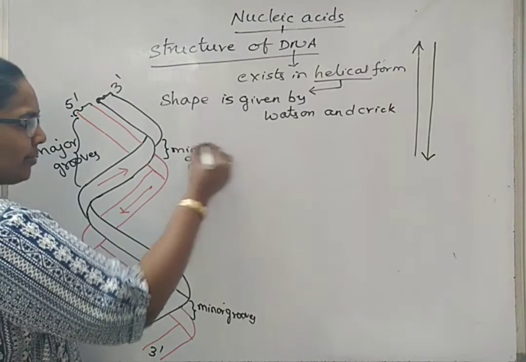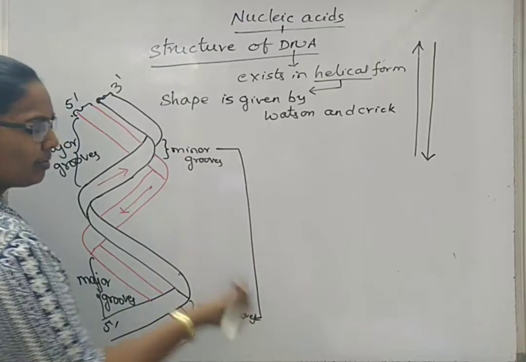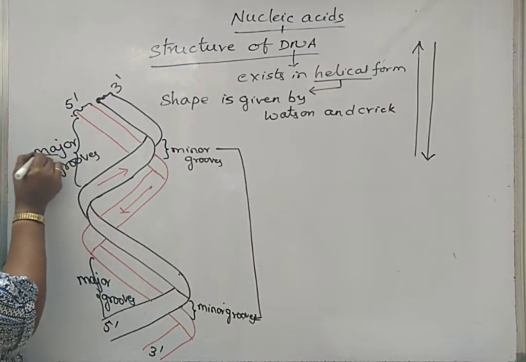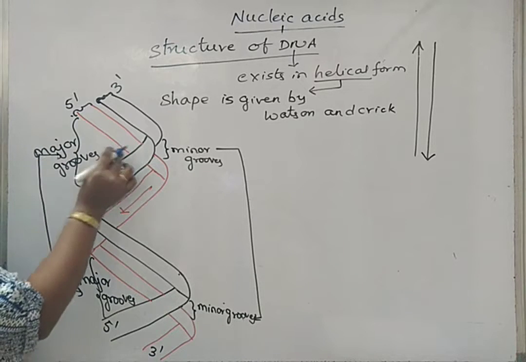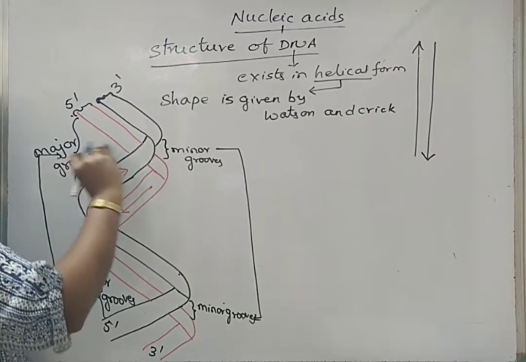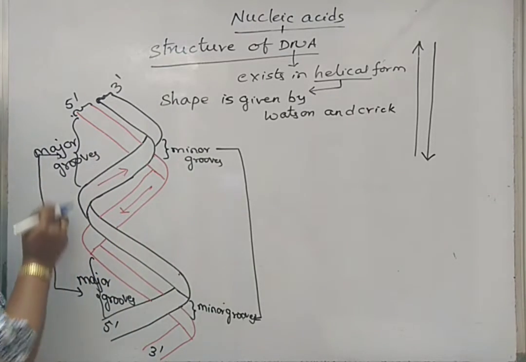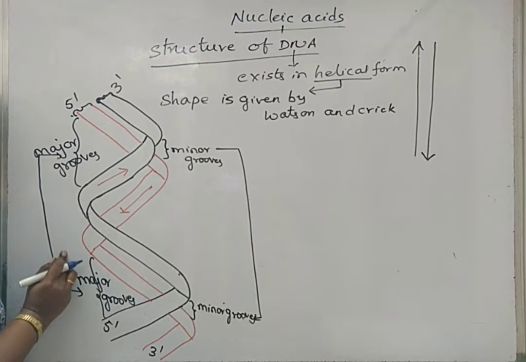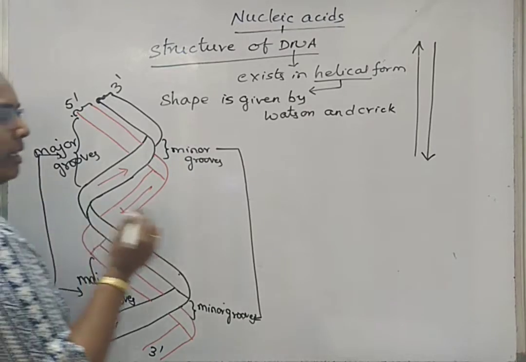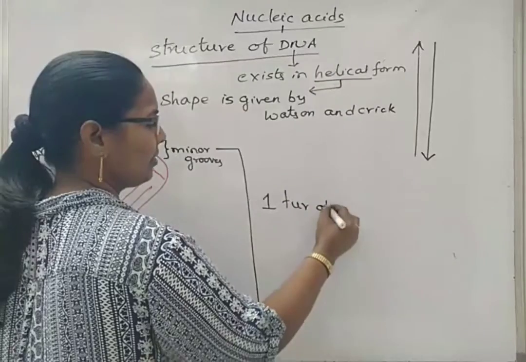The place from one minor groove to another minor groove, or from one major groove to another major groove, or the depression like structure or the folding like structure, between two minor or between two major grooves, it is termed as one turn of DNA.